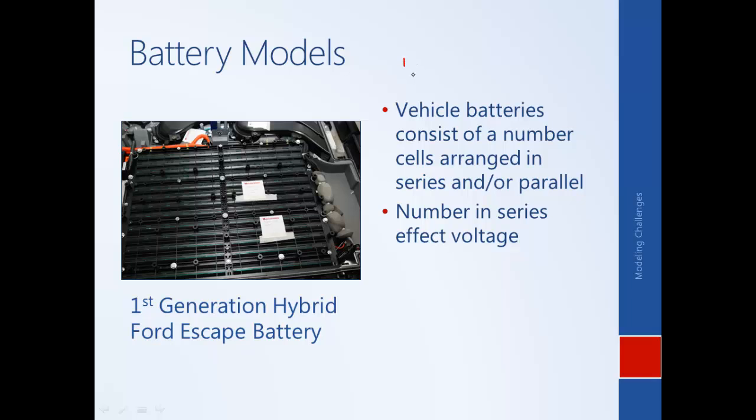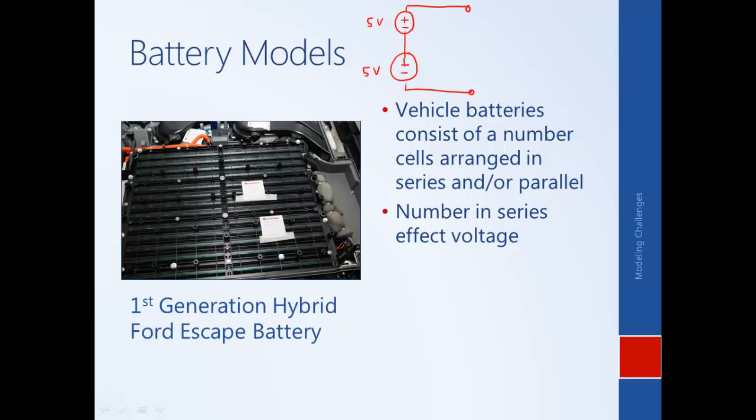So for example, if we consider that we have a 5-volt cell and we put it in series with another 5-volt cell, it'll alter the voltage output at the terminals of the overall battery package.